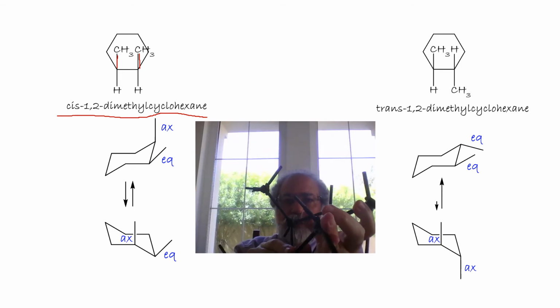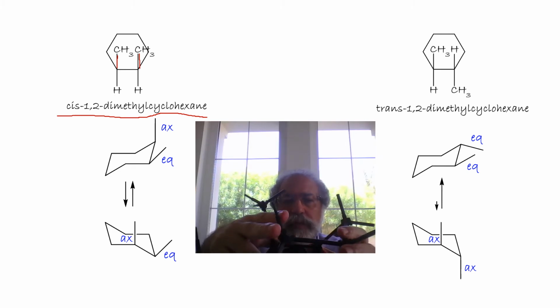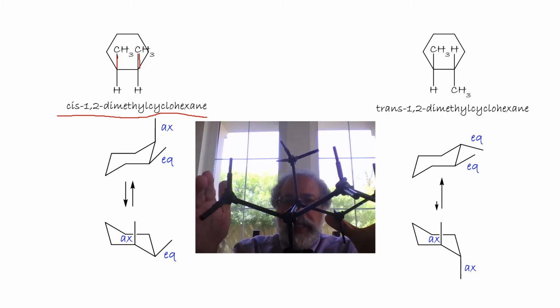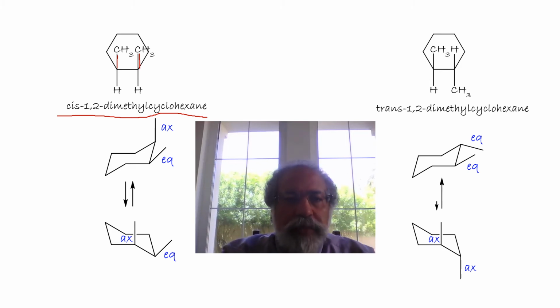Flip to the other chair form. The axial became equatorial and the equatorial became axial. So we have axial, equatorial, axial, equatorial. These two conformers are of the same energy, so they are at equilibrium, 50-50.